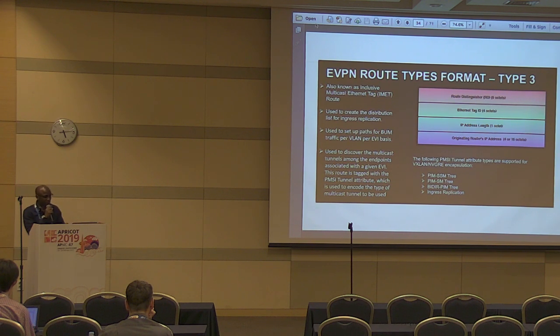So that's why we've got a type 6, which is the selective multicast Ethernet tag route. Those are some of the optimizations that have been defined recently to allow an EVPN VXLAN network to support multicast traffic.